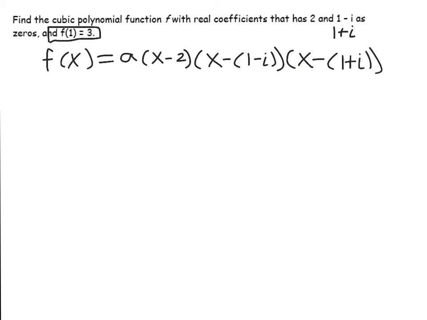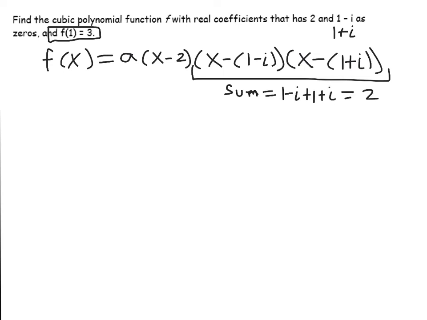Okay, so I'm going to do the same thing right here. This needs to get converted over to a quadratic that has real coefficients. So we go back to the same question, the sum and the product. Adds up to 2.